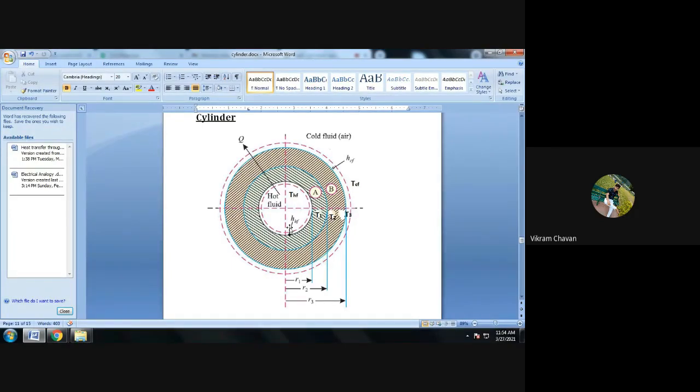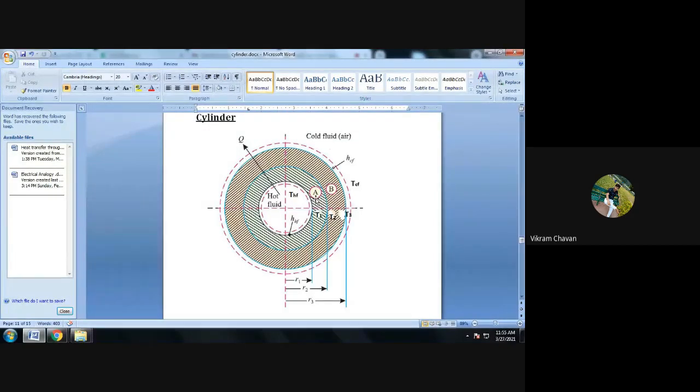Getting everyone? A and B cylinders are there having different thermal conductivity.